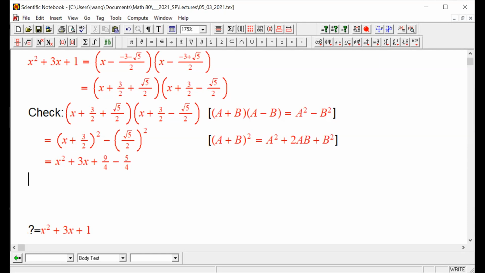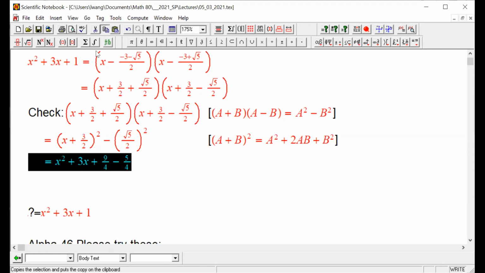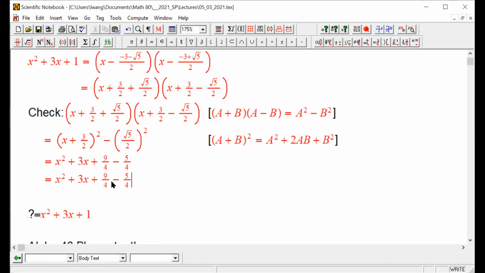All right, so we are almost there. 9/4 minus 5/4, that's a 4/4. And 4/4 is 1, which equals exactly the left-hand side. So they are the factors.